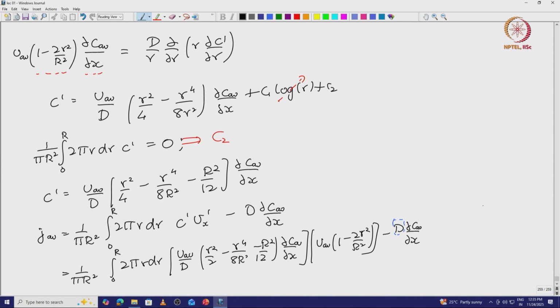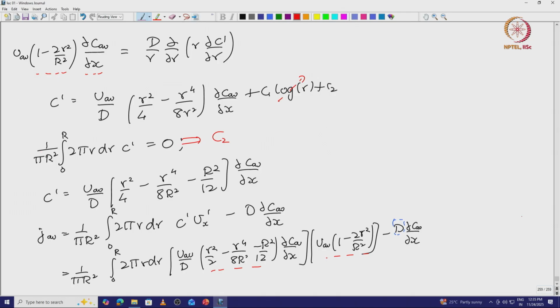And I have to do the integral of these two functions, which are dependent on the radius. You can see that the integral turns out to be V average square by the diffusion coefficient times partial C average by partial x.